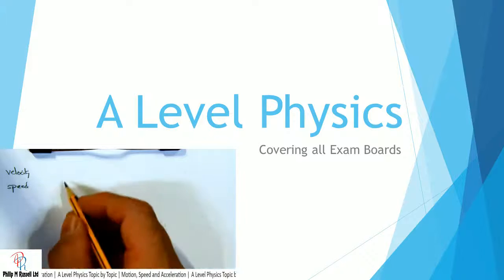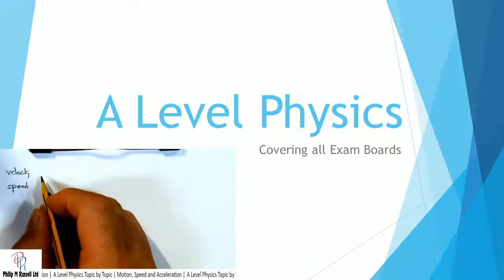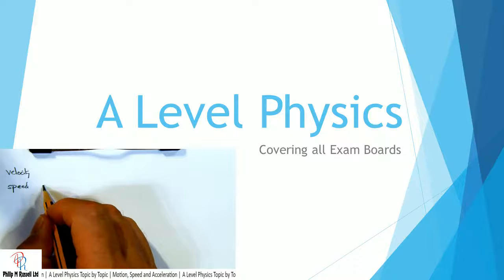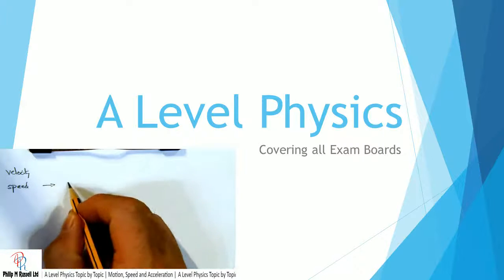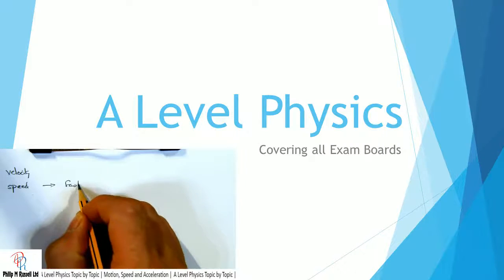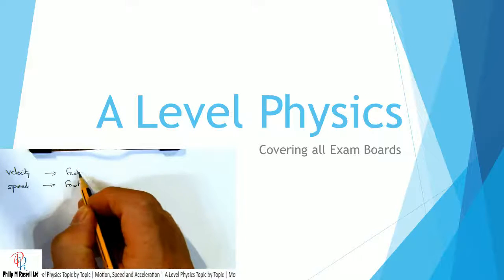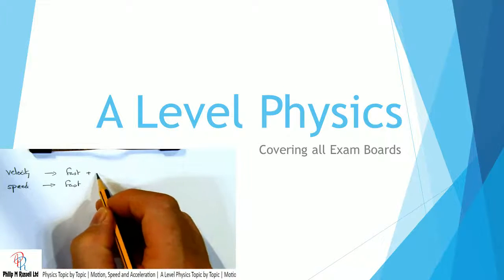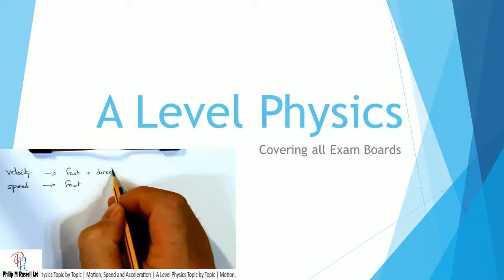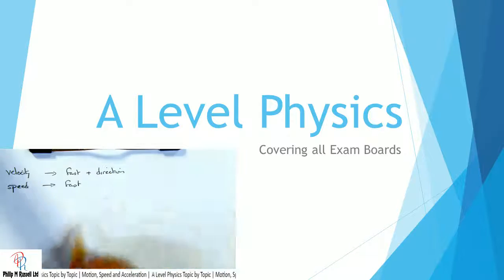From GCSE we know that speed is how fast we're going, and velocity is how fast we're going including a direction.